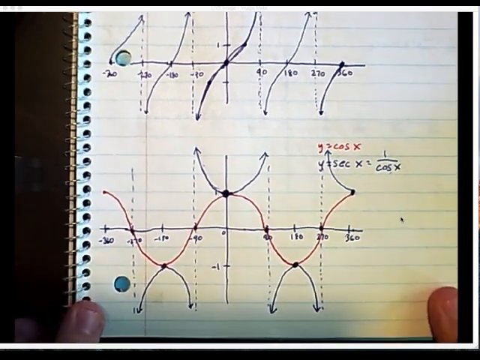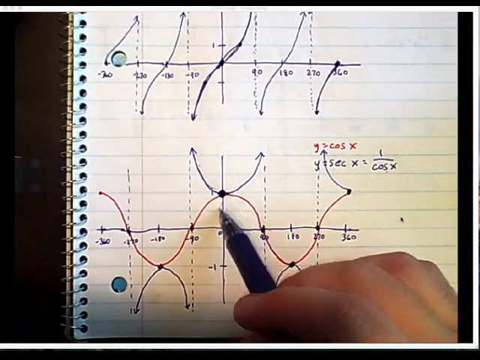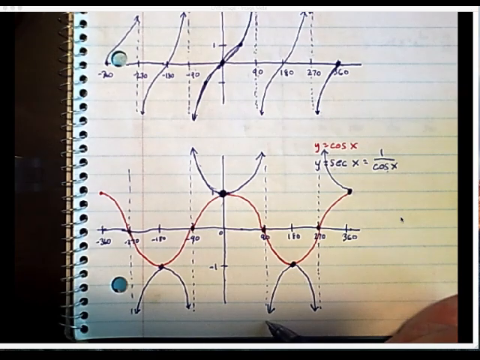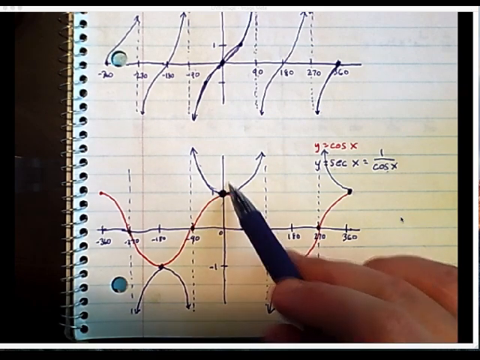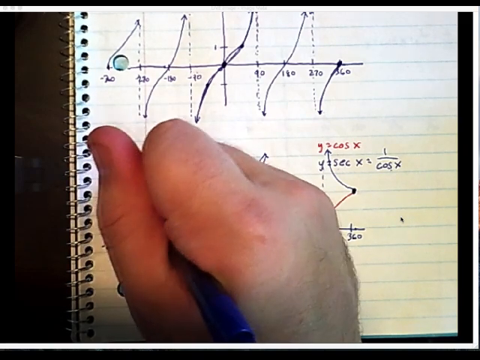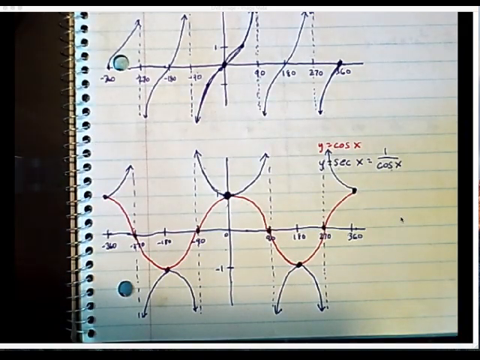So basically the secant of an angle is always a number that's bigger than 1 or smaller than negative 1, or equal to 1 or equal to negative 1. Over here, it would be going up. So it's an alternating U pattern. That's what the graph of secant looks like.